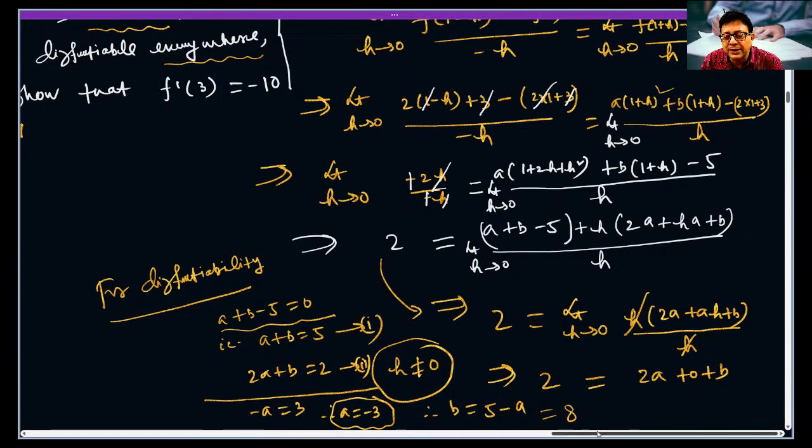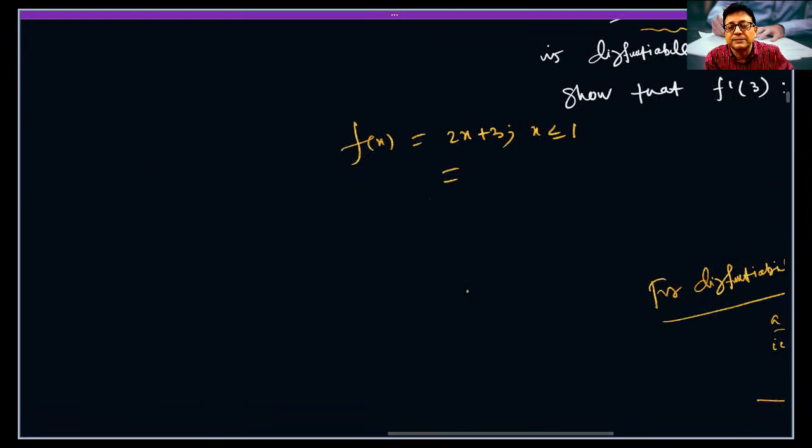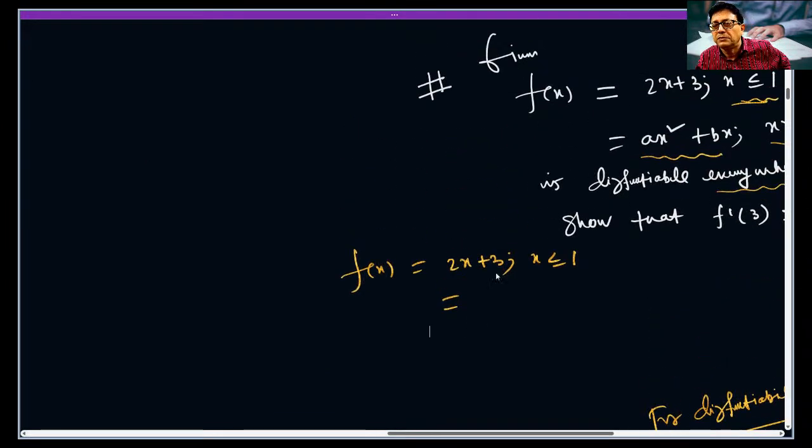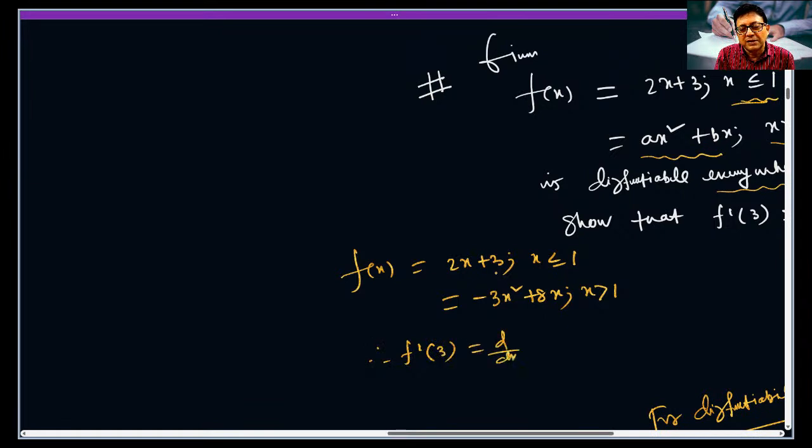A is minus 3 and b equal to 8. Now you can easily find the value of f dash 3, d/dx at x equal to 3.